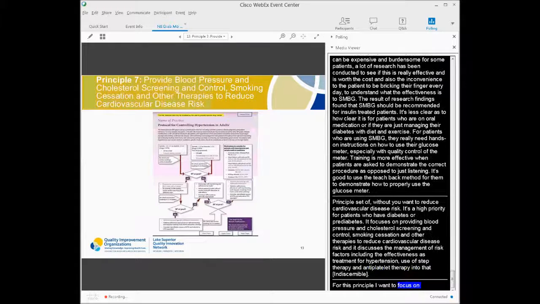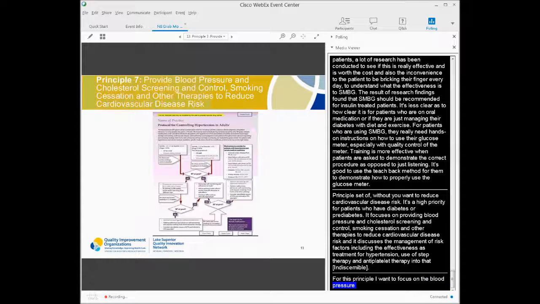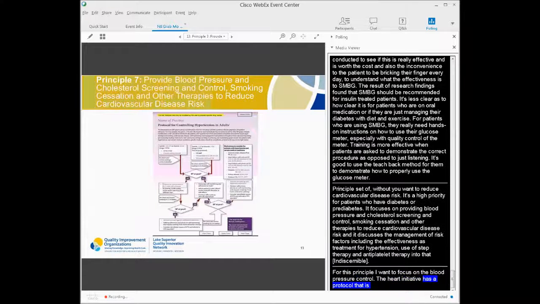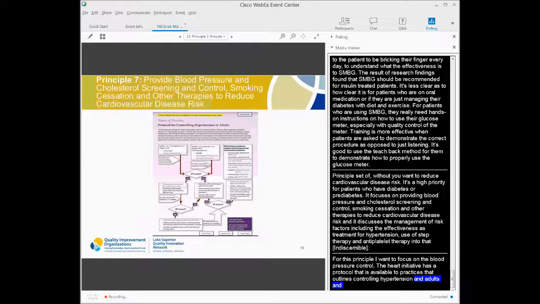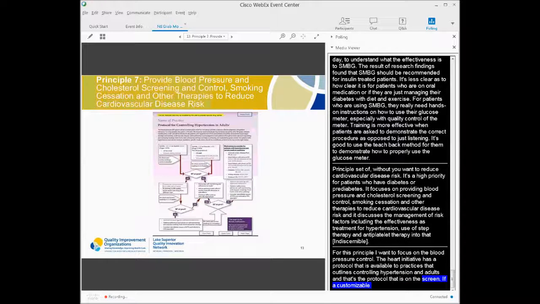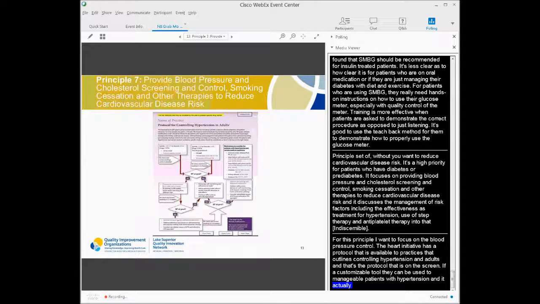The Million Hearts Initiative has a protocol that's available to practices that outlines controlling hypertension in adults, and that's the protocol that's on the screen. It's a customizable tool that can be used to manage patients with hypertension, and it actually outlines various treatment options based on what the patient's blood pressure threshold is.